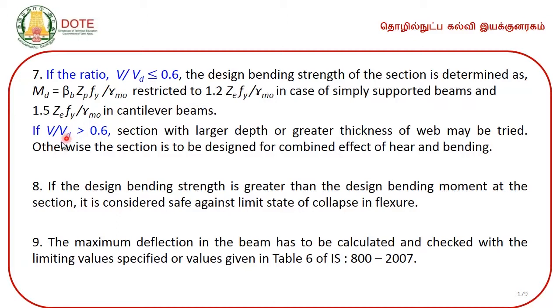And if V by V d is greater than 0.6, a section with a larger depth or greater thickness of web may be tried. Otherwise, the section is to be designed for the combined effect of shear and bending.